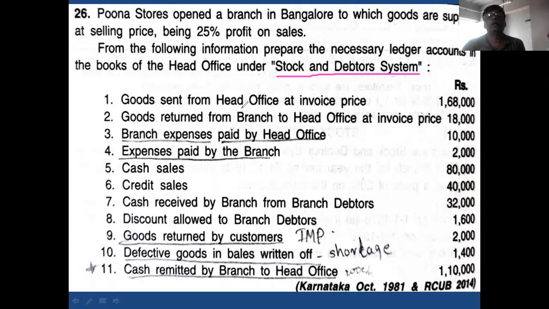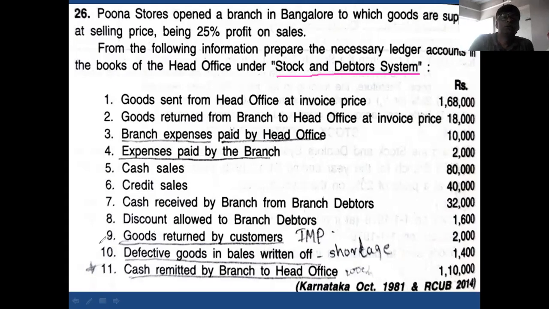In some cases, they will give you deficit or surplus in the problem. If given, then you have to enter it in the branch stock account. Surplus you record on the debit side. Deficit you record on the credit side as branch adjustment account.